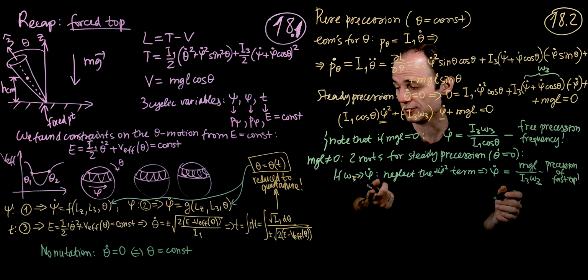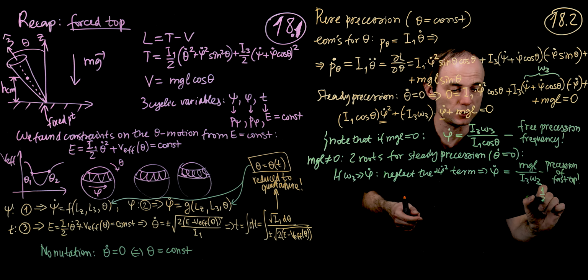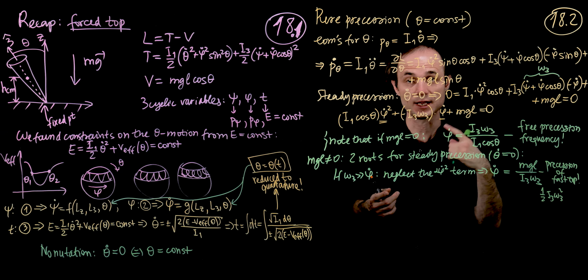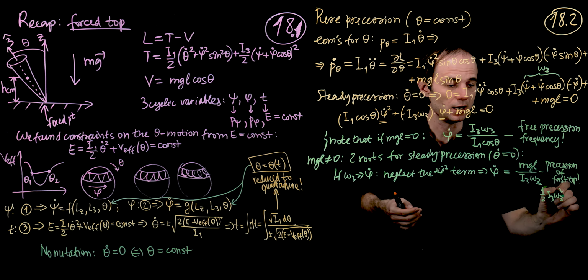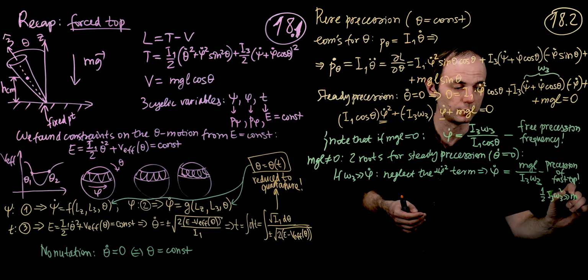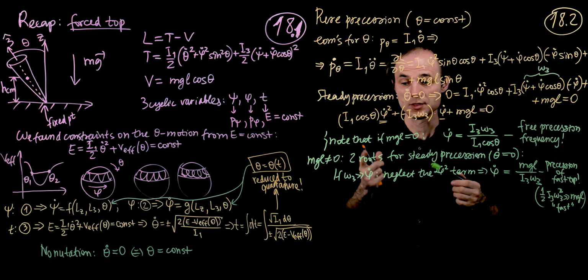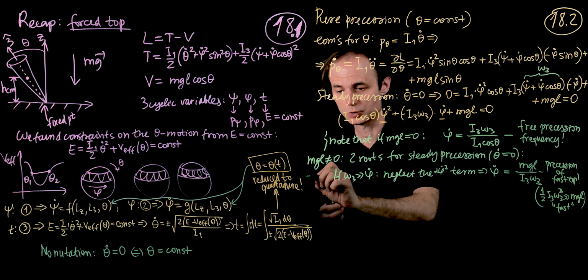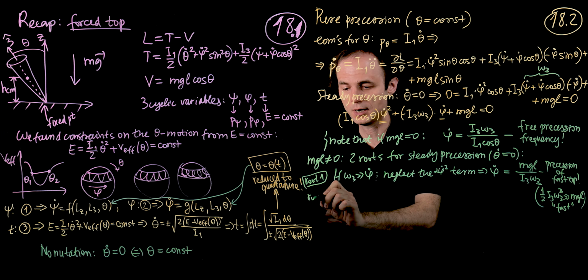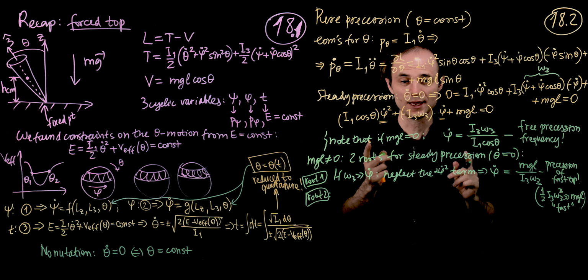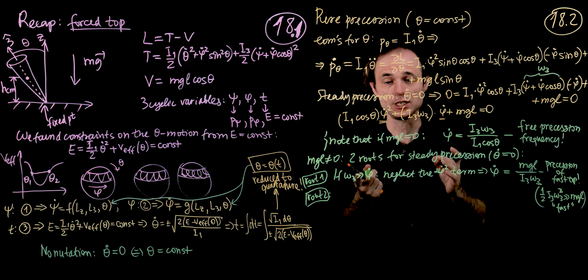And remember that fast meant that the kinetic energy of the rotation of the top exceeded the potential energy of the top. The other root, so this was root 1, the other root, root 2, we can obtain by a little bit of a cheat.